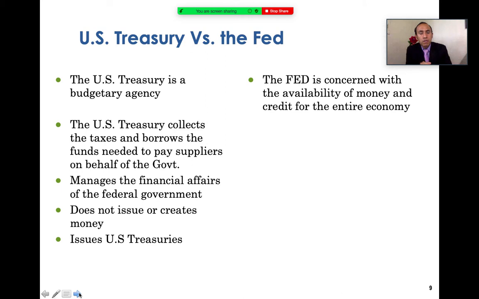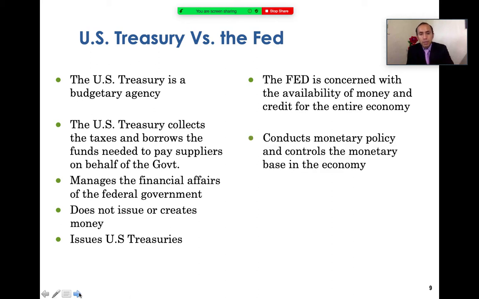The Federal Reserve, or the Fed, is concerned with the availability of money in the economy and the creditworthiness of the entire U.S. economy. It conducts open market operations, or monetary policy, to control the monetary base in the economy, and sets reserve requirement ratios for financial institutions, given the amount of reserves they need to keep in order to satisfy withdrawals from deposits made into the bank.